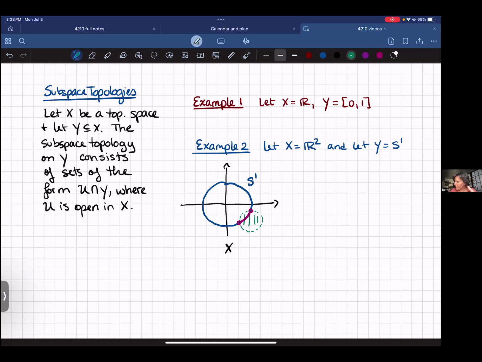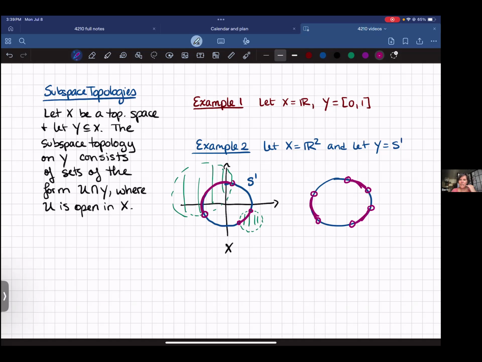Or if I draw another ball over here, maybe a really large one, the intersection of that ball with the unit circle would be this part of the circle. And so in this case, on the circle as a subspace of R2, the topology looks like these open arcs. Another way to think about it is that they're open intervals of angles. These are the basic open sets.